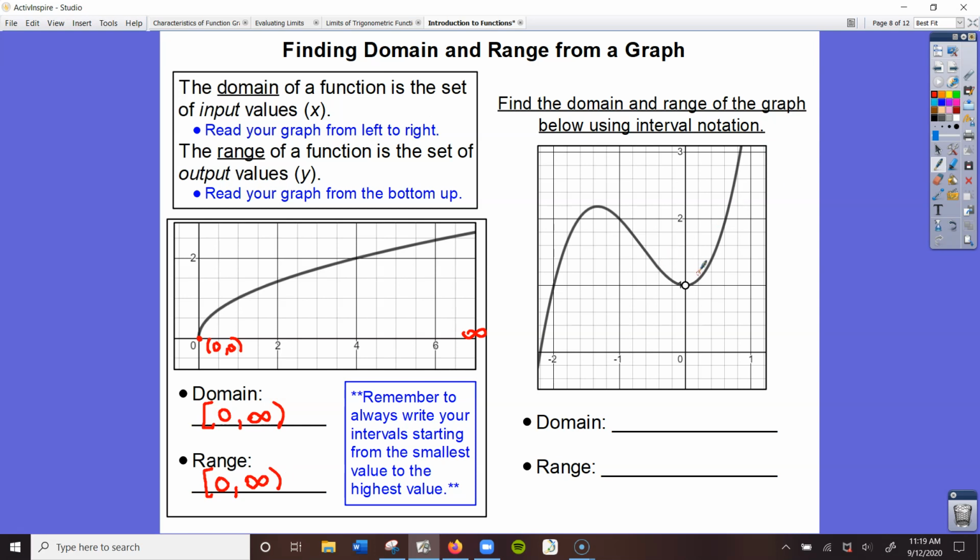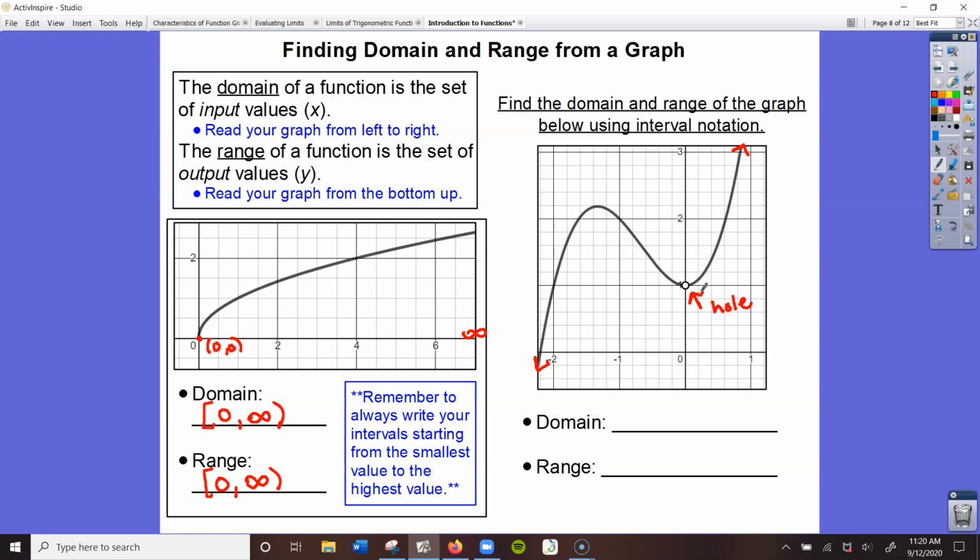Now in this particular graph here, we have this, which is called a hole. A hole is exactly what it sounds like on a graph. It is an undefined value in your function. So for this particular function, we see that it goes off the graph in either direction. So that means that for this function, the domain and the range would be all real numbers except for this hole here.